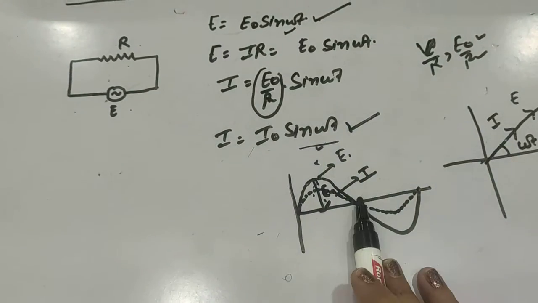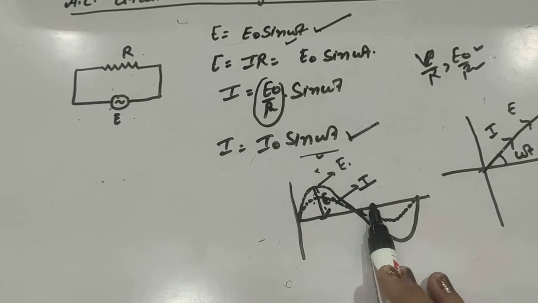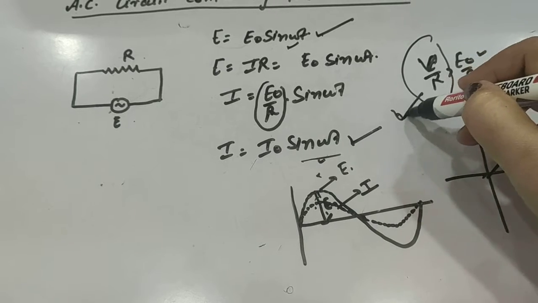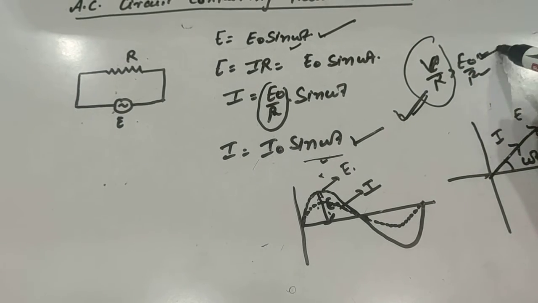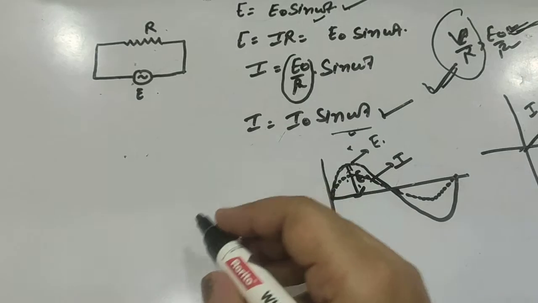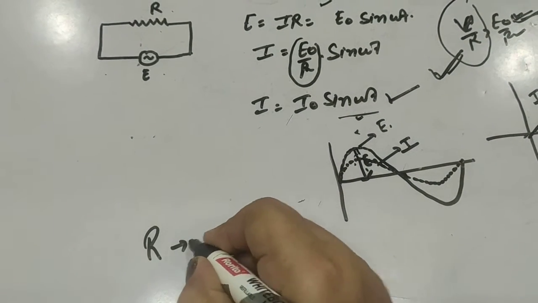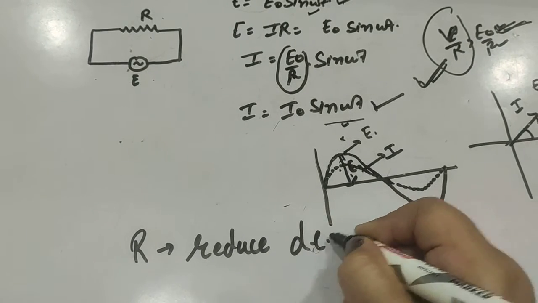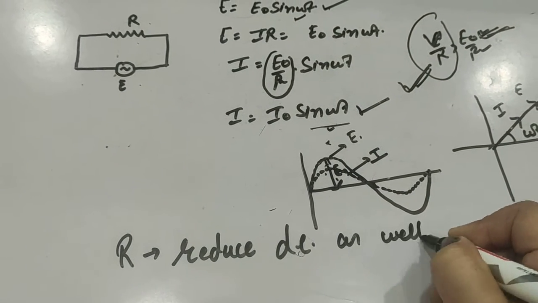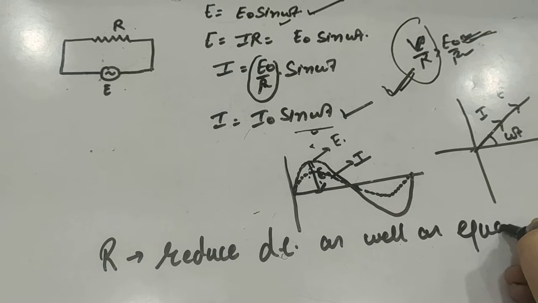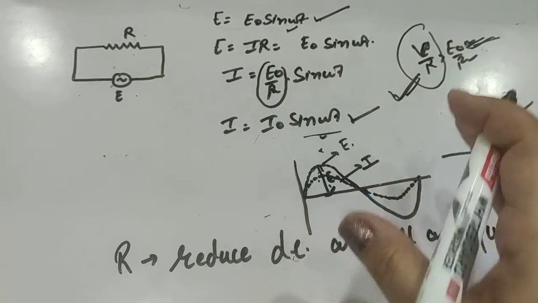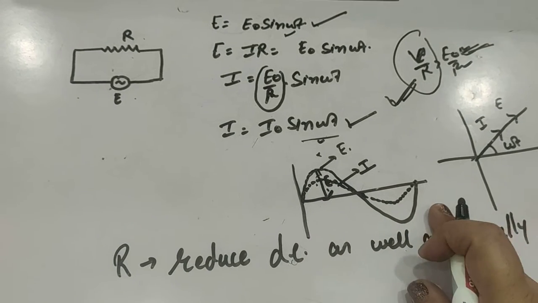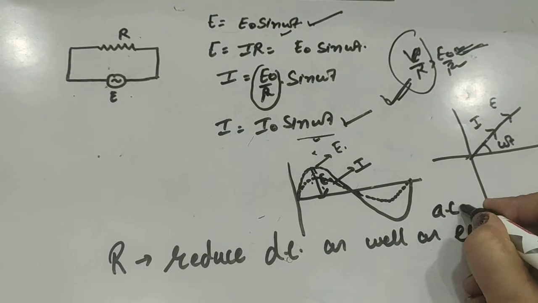So from all this discussion we can say that similar to DC, resistance affects AC also, meaning resistance R reduces DC as well as AC equally.